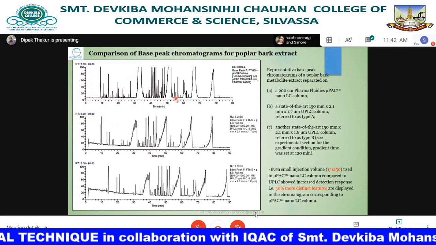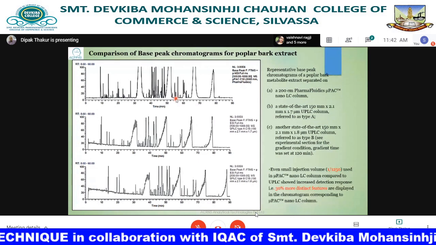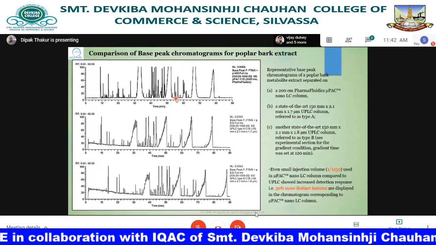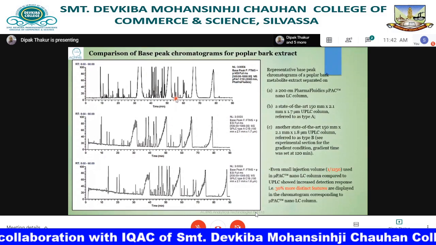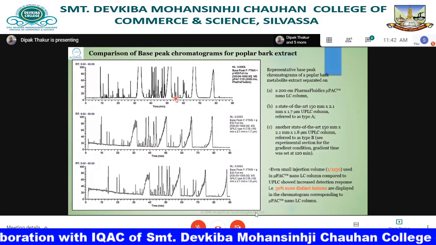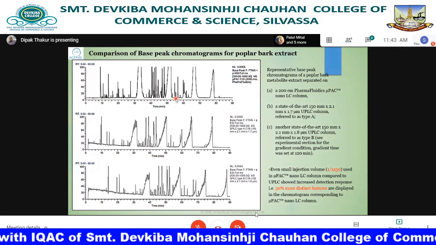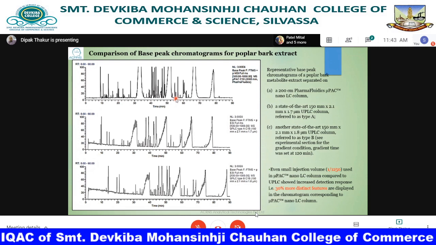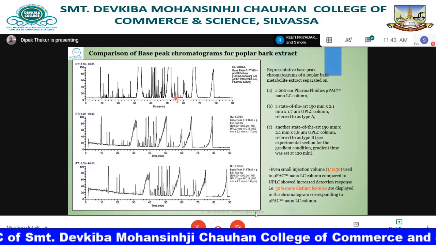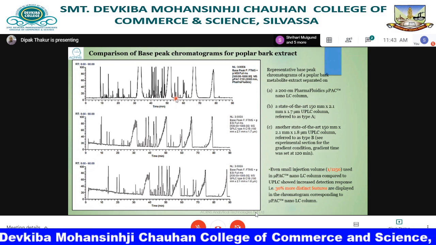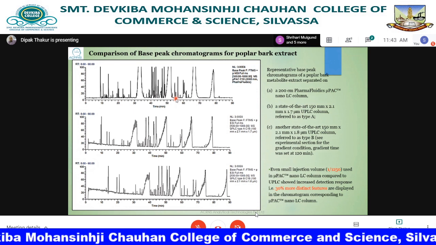This is called a base peak chromatogram. When you run chromatography connected to mass spectrometry, you get different types of chromatograms: total ion chromatogram, base peak chromatogram, extracted ion chromatograms. What do I mean by these chromatograms? The first one is the total ion chromatogram.